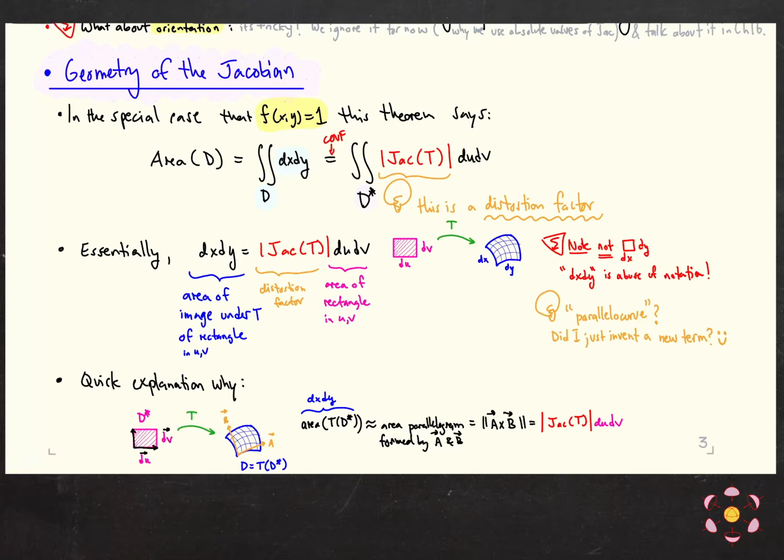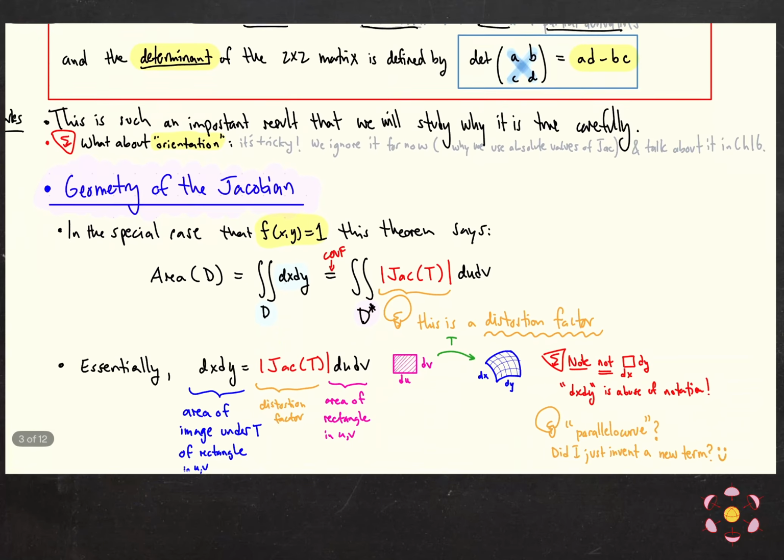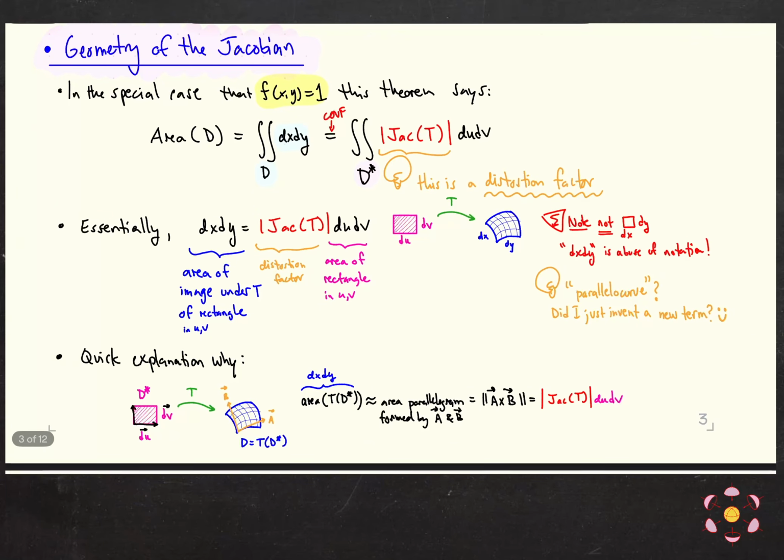If I have a transformation T that tells me how to transform between those two shapes, as long as I integrate not just du dv but the Jacobian, I get the same calculation again. This distortion factor makes sure that if lines are getting stretched, it stretches them back, so that the two shapes have exactly the same area.